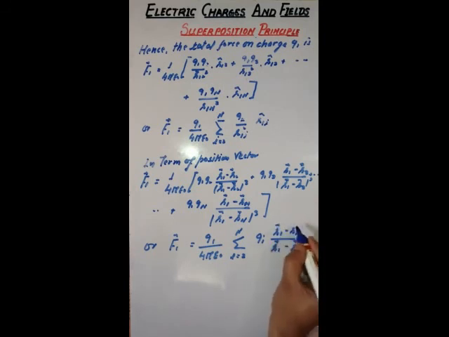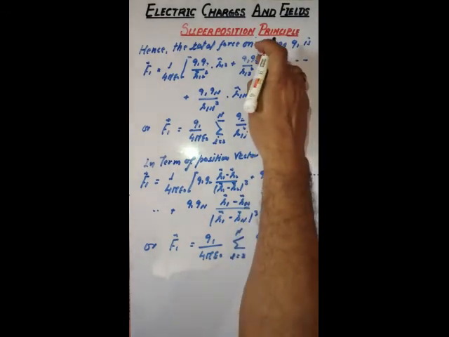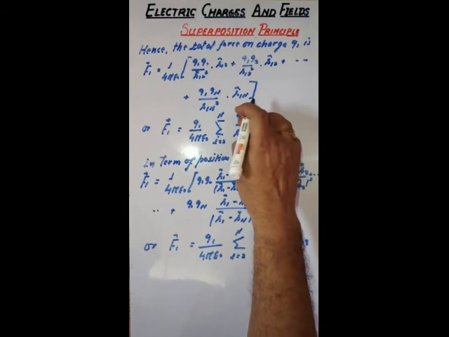Here you put the vector sign, and the cube will come. Here it is i.